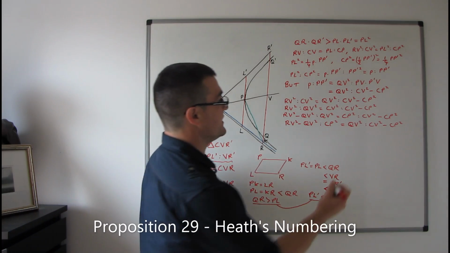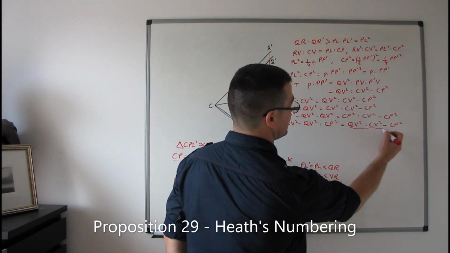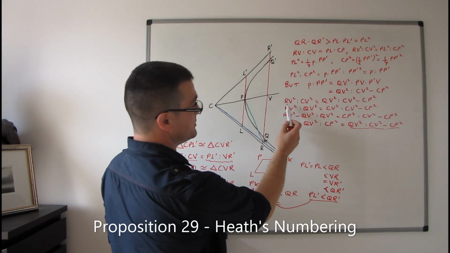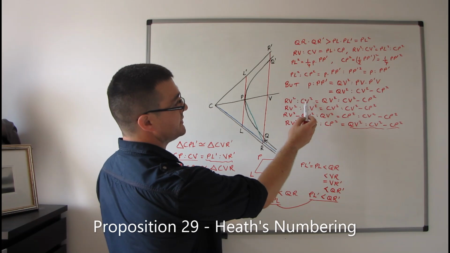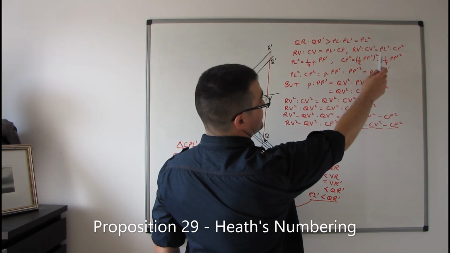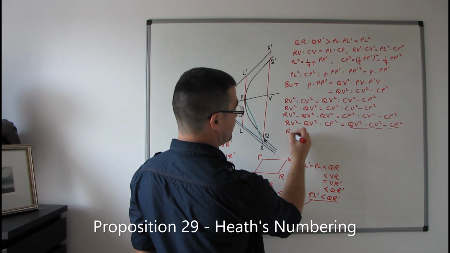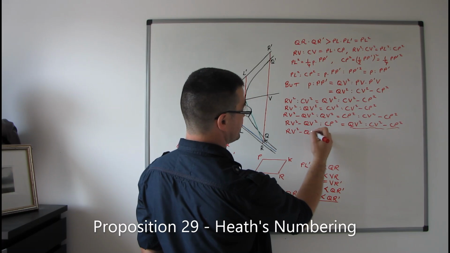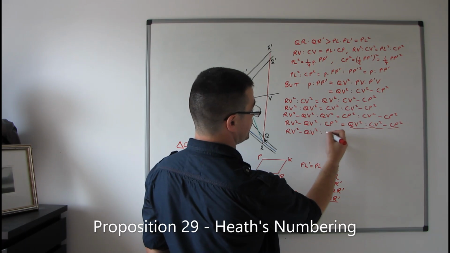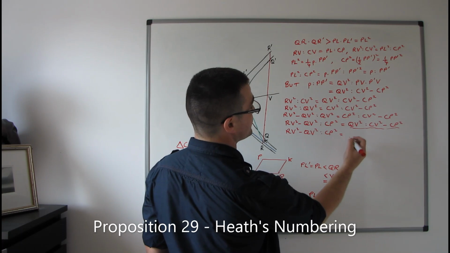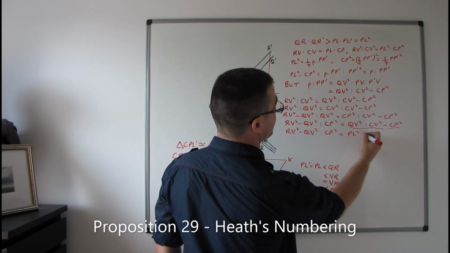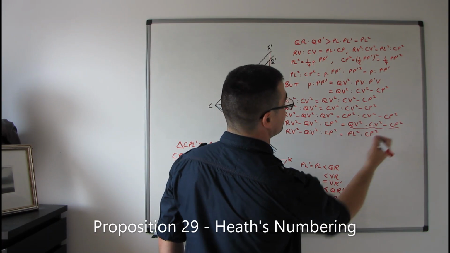But we've already seen that this is equal to RV squared to CV squared, and RV squared to CV squared is equal to PL squared to CP squared. So therefore, RV squared minus QV squared ratio CP squared is equal to PL squared to CP squared.